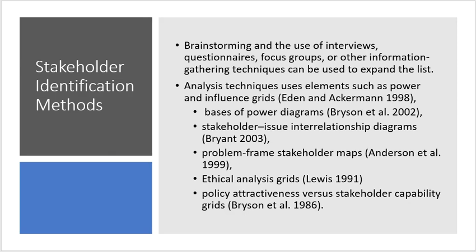Based on power diagrams we can decide what kind of stakeholder someone is, internal or external. We can also create stakeholder issue relationship diagrams, as mentioned here. So these kinds of tools can be used to identify stakeholders. It's a complex process, but it looks very easy. We can identify our most important stakeholders at least by simply analyzing it.